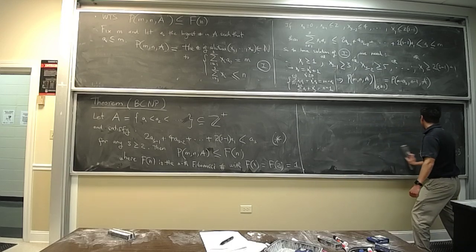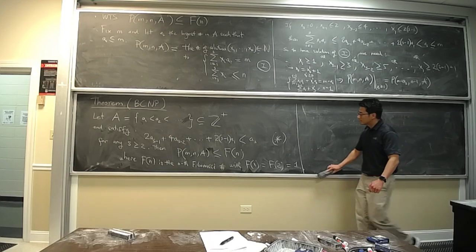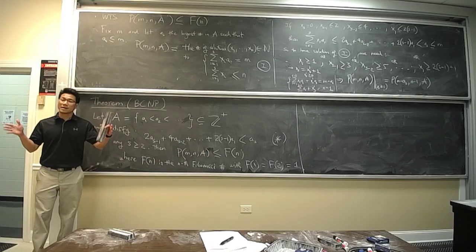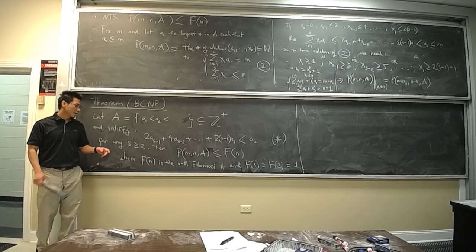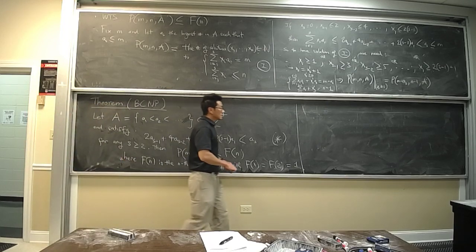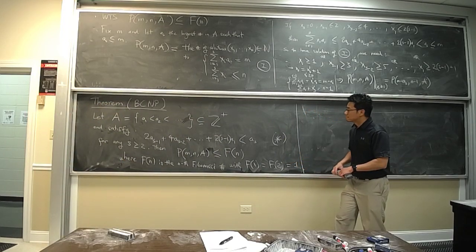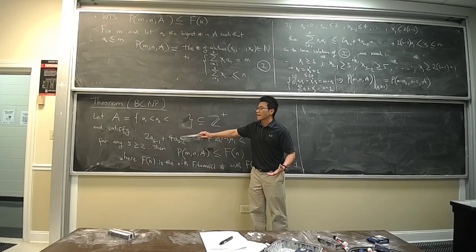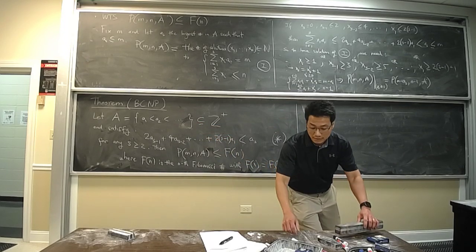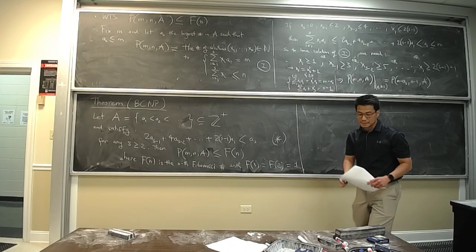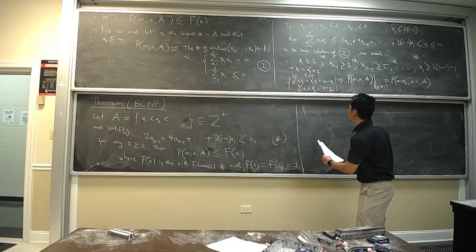Basically the theorem says that if the set A has elements that are not so close to each other, then we can obtain the Fibonacci upper bound. Well, now the question is whether such a set A exists. Actually, there are plenty of them.